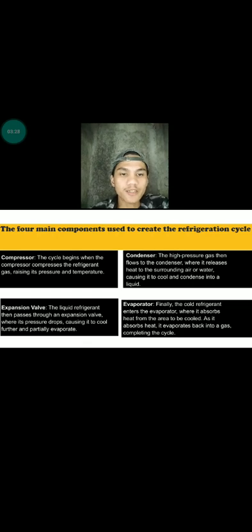So the last is the evaporator. Finally, the cold refrigerant enters the evaporator where it absorbs heat from the area to be cooled. As it absorbs heat, it evaporates back into a gas, completing the cycle.